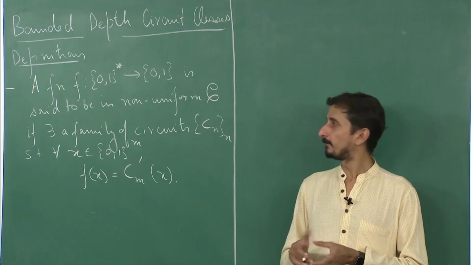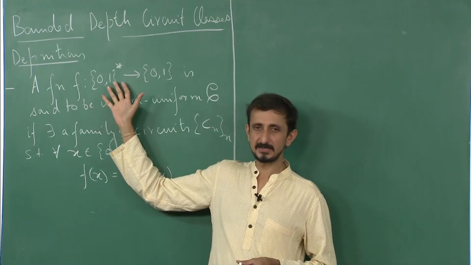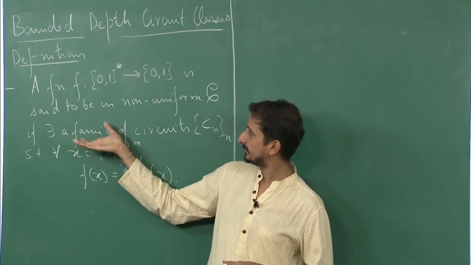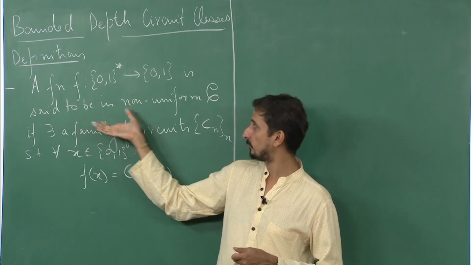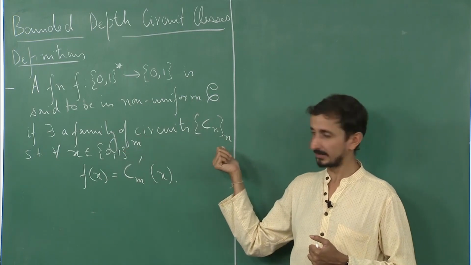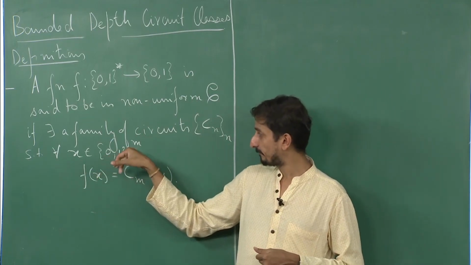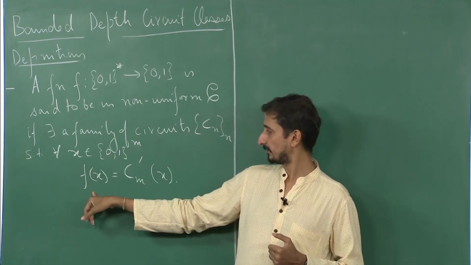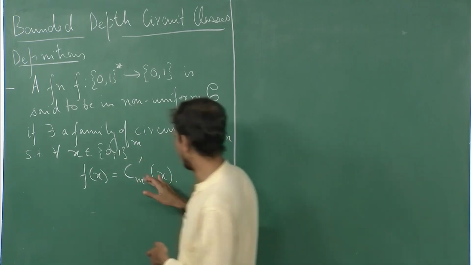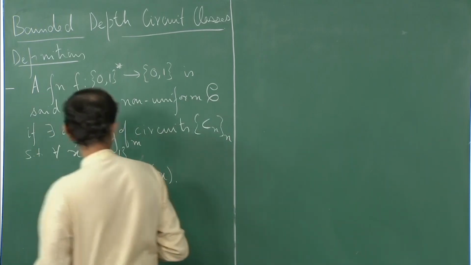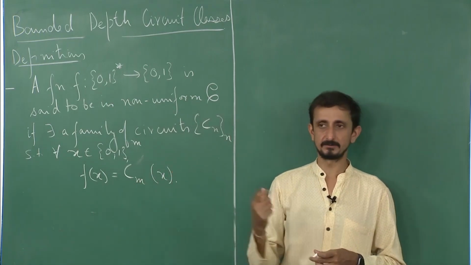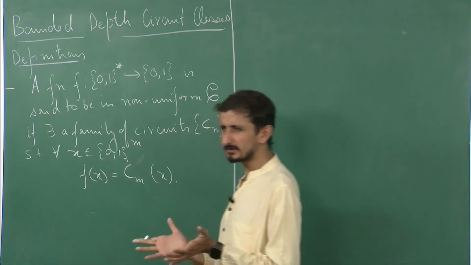Essentially this says that a general function, which can have inputs of arbitrary size, so I have a star over here, is said to be in non-uniform C, where C can be any class, if there exists a family of circuits such that for all x of a fixed length, the value of that function on that input should be what the corresponding circuit outputs on that input. This is what is non-uniform.